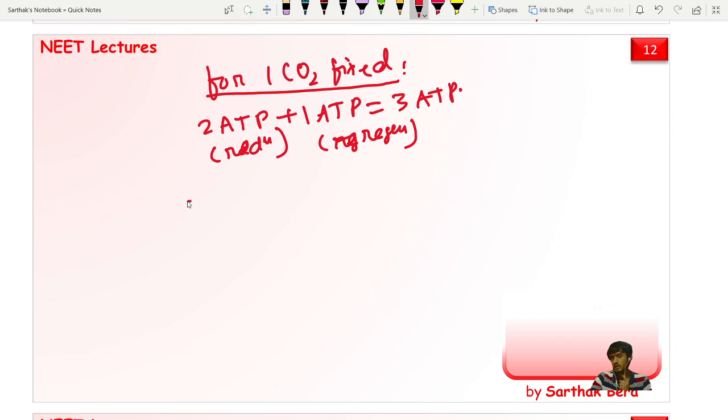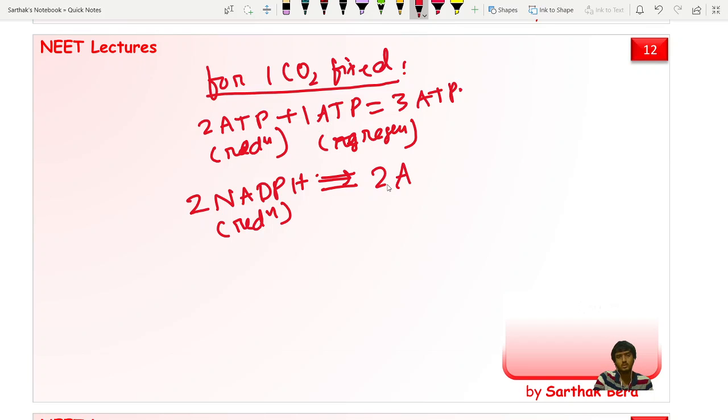And how many NADPH are used? 2 NADPH are used in the process of reduction. So what is the total? The total is 2 NADPH in reduction and 3 ATP for 1 CO2 fixed.